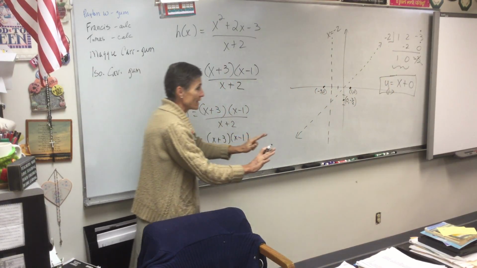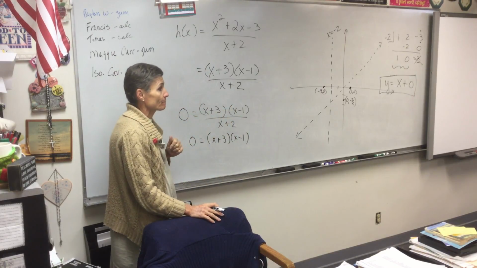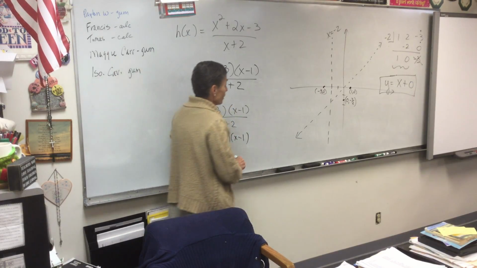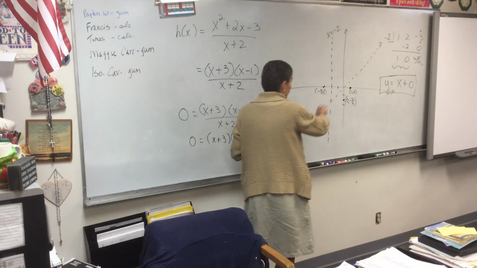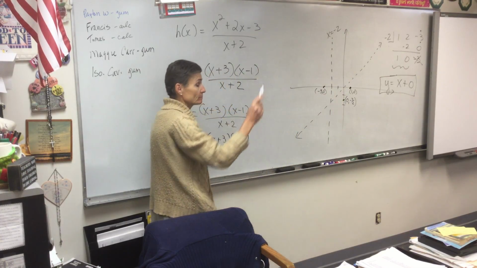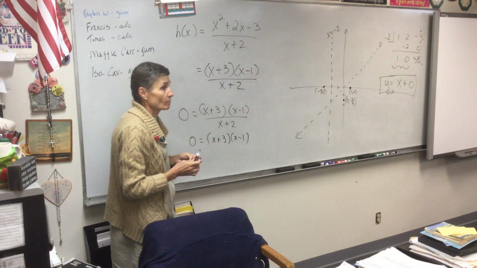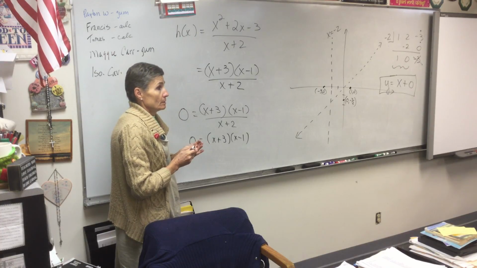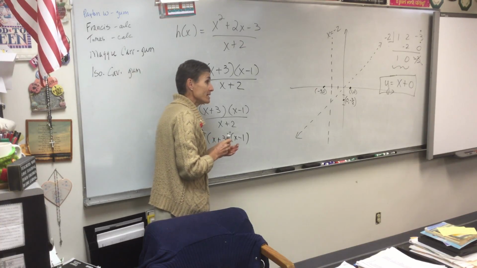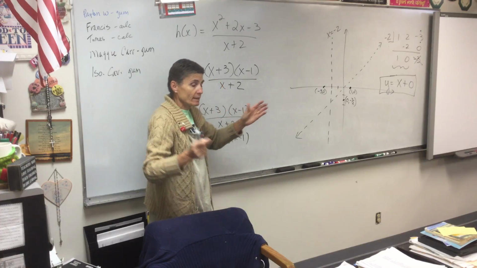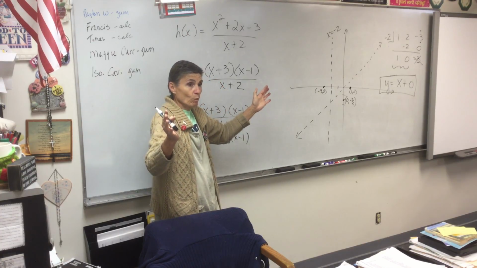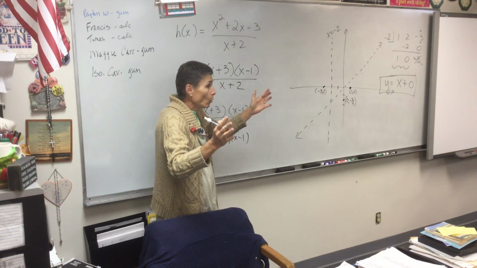Now that won't always be the case, but it is in this problem. So now I draw in my dashed line, Y equals X plus 0. And I am going to connect my dots, remembering that the asymptotes are the framework. They hold the curve.